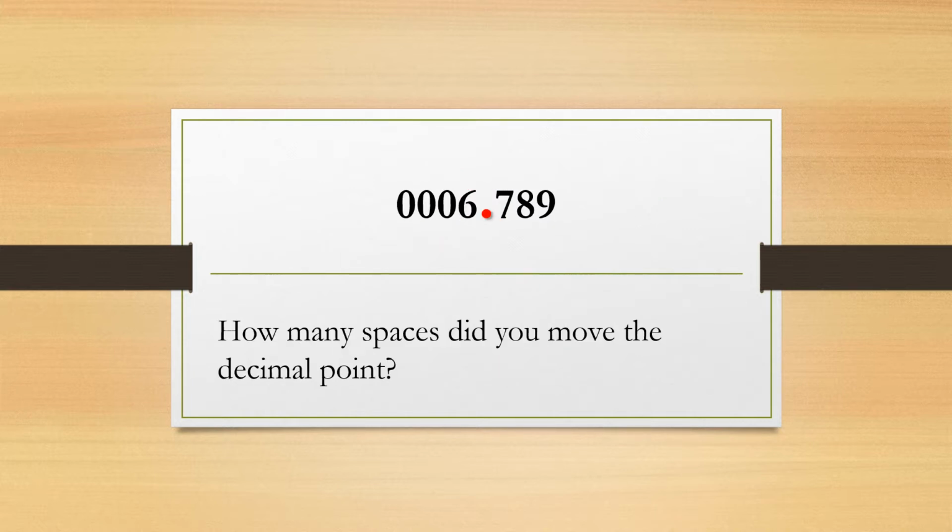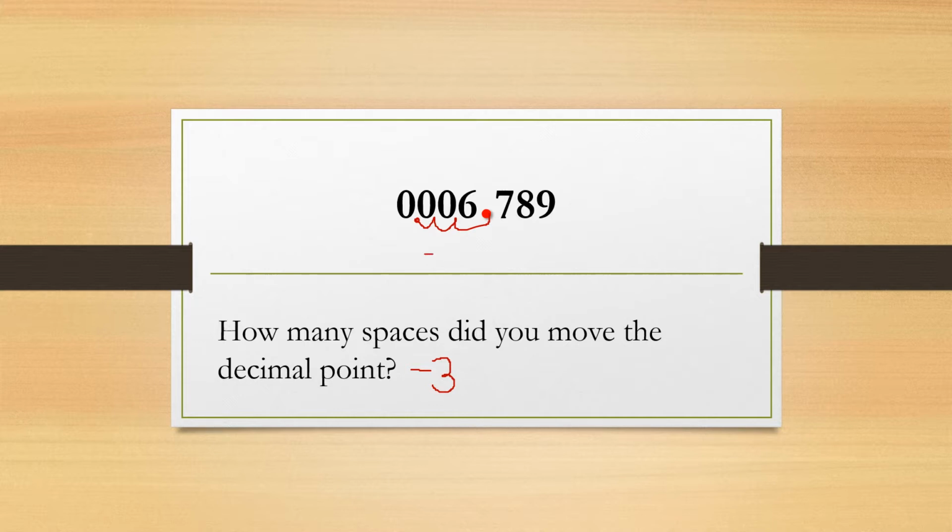Now see, we moved that decimal point 3 spaces because the decimal point was right here. So 1, 2, 3. That's 3 spaces. So how many spaces did we move the decimal point? But wait, it's not 3. It's negative 3, right? Because we were dealing with a number that was less than 1. So it's negative 3.